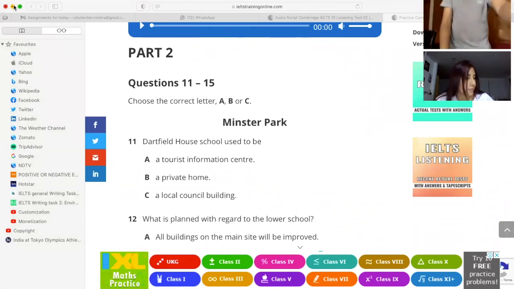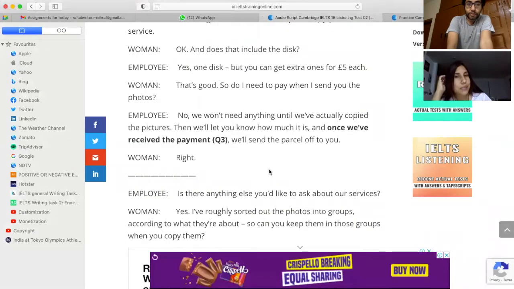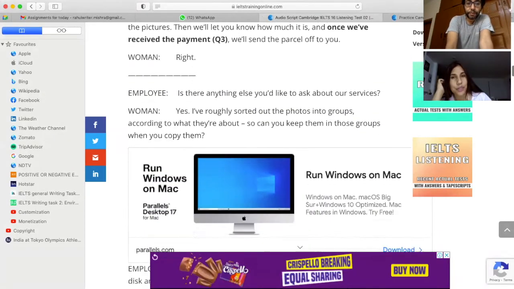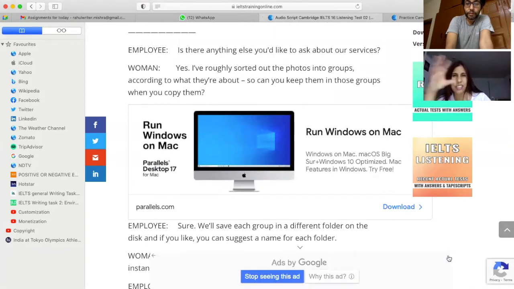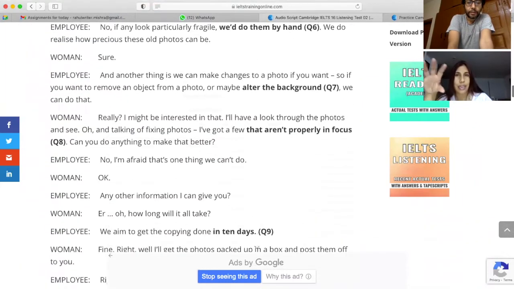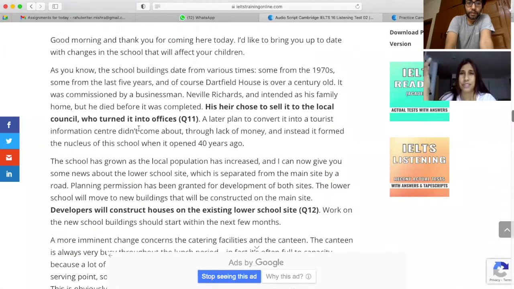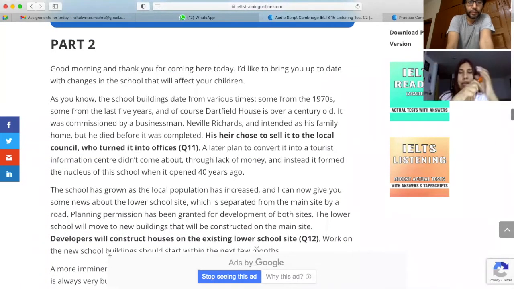Why private home? Because at the beginning he or she mentioned, I don't remember very well, that the house belonged to a person. So I said okay, it's a private house.